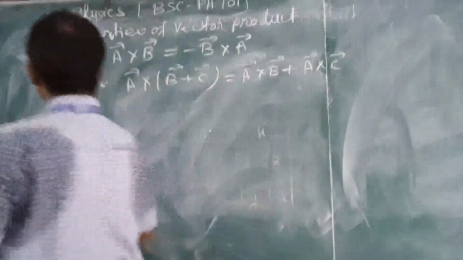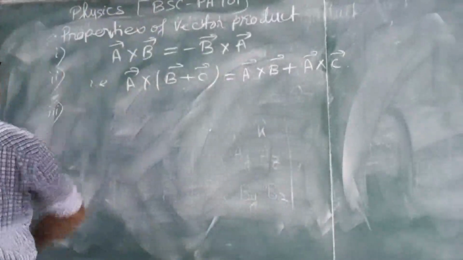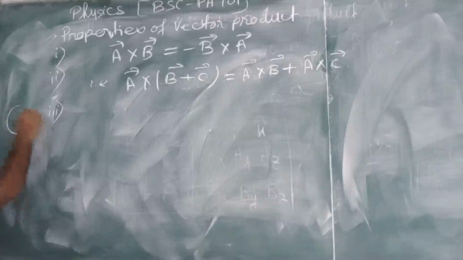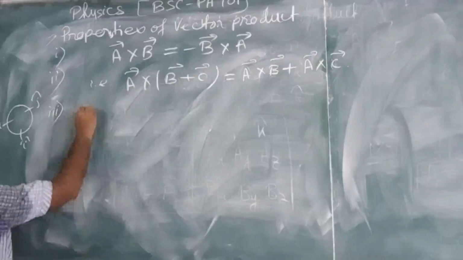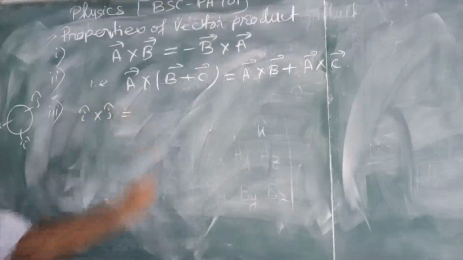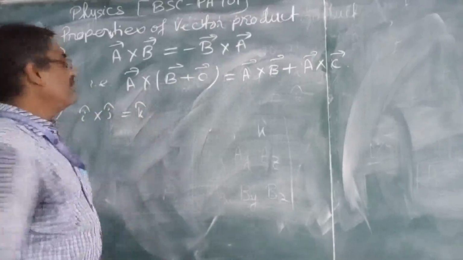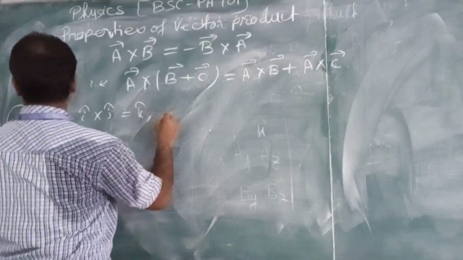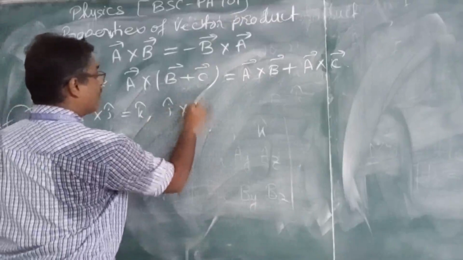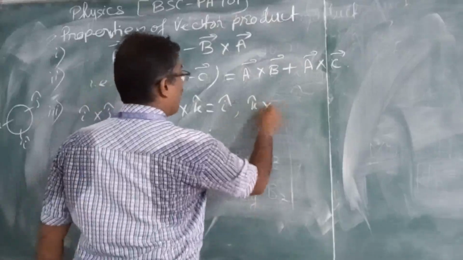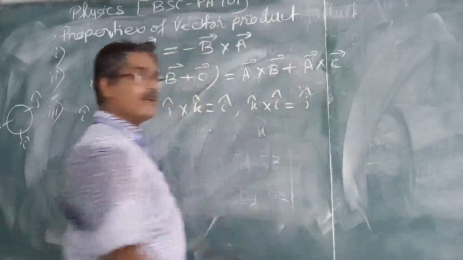Number 3, if we take i cap, j cap, k cap, then i cap cross j cap equals k cap, j cap cross k cap equals i cap, and k cap cross i cap equals j cap.